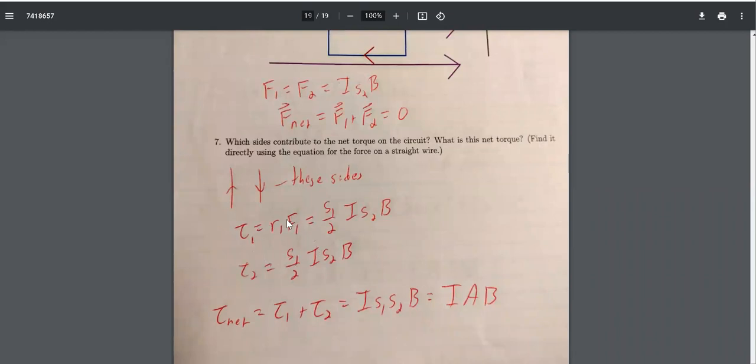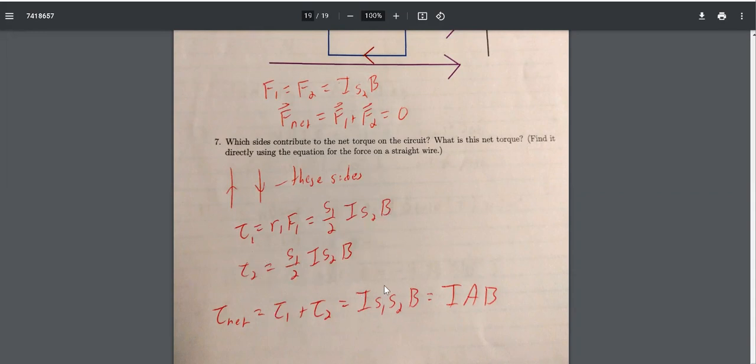So they're both R1 times F1 and then R2 times F2, but R1 and R2 are both S1 over 2. So they both have this form. It's S1 over 2 times the force, and the force we saw above was the current times S2 times B. Torque 2 is the same.